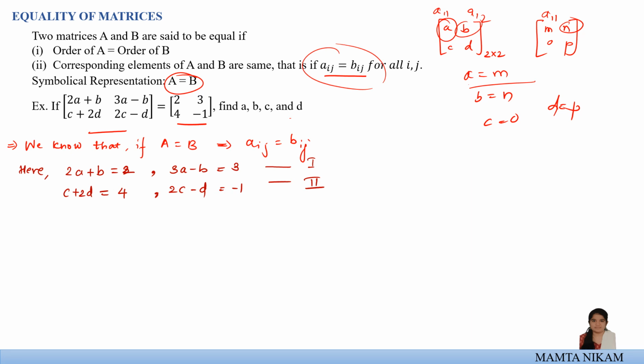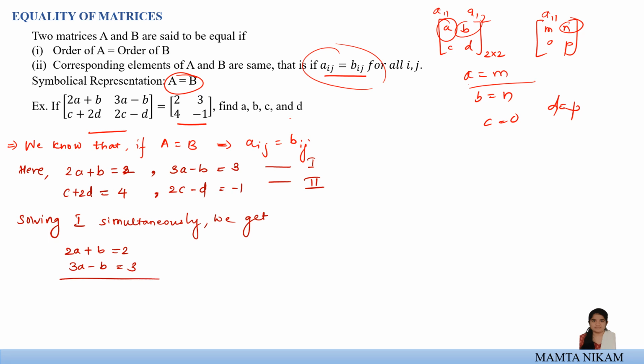So solving the first terms simultaneously, what do we get? 2a plus b equals to 2, 3a minus b equals to 3. Here straightforward b cancel हो सकता है, 2a plus 3a, 5a equals to 5. This implies a is equals to 1.